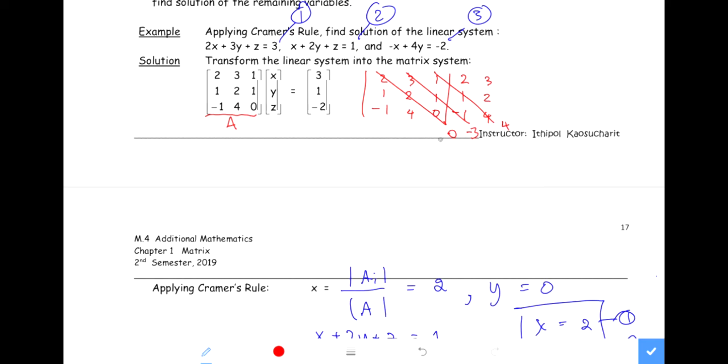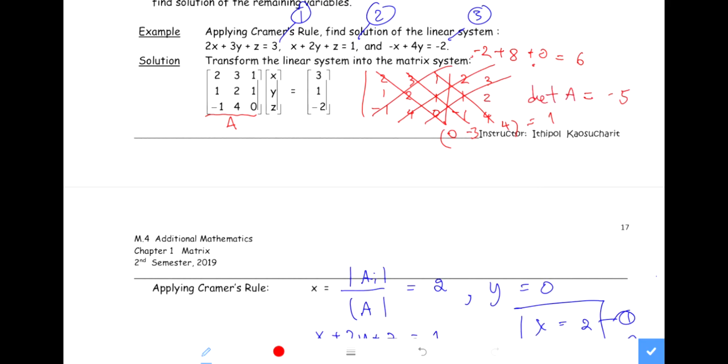Right? Sum of them is 1. Cross up is minus 2, cross up is 8, cross up is 0, add all of them, it's 6. So cross down minus cross up, then I have negative 5. Okay, so I have negative 5 for the determinant of A now.